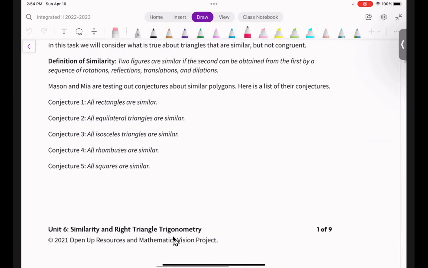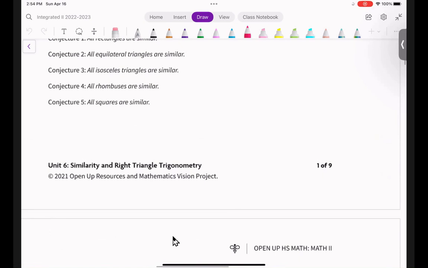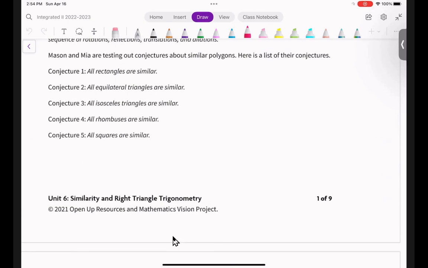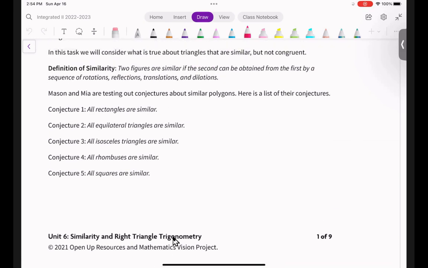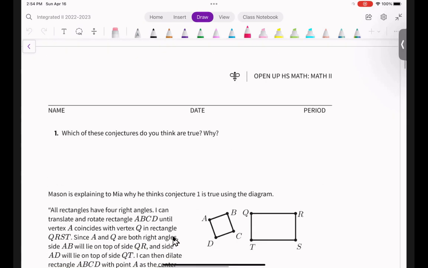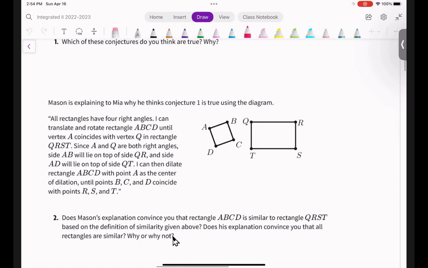So which of those do you agree with? Which of these conjectures do you think are true? Do you think all rectangles are similar? Remember, our definition of similar is two figures if they can be obtained by rotations, reflections, translations, or dilations, right? Okay, so go ahead and tell me which ones you think are true.